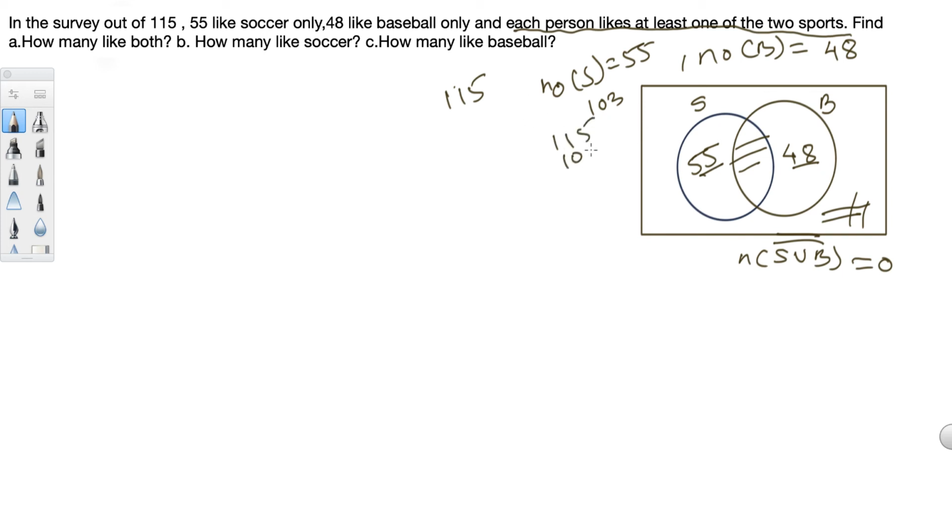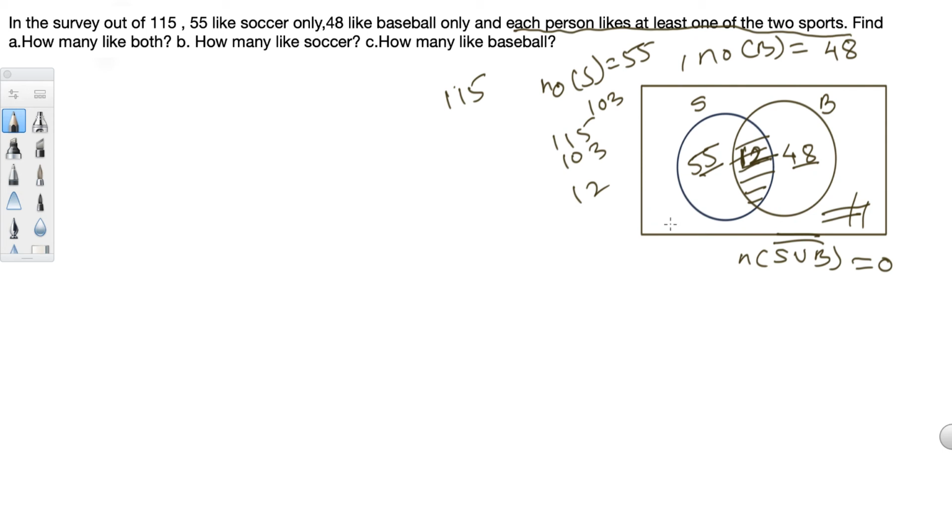So if we subtract these two amounts, we get the intersection part, so it is 12. So this part consists of 12. So our question number one is how many like both.